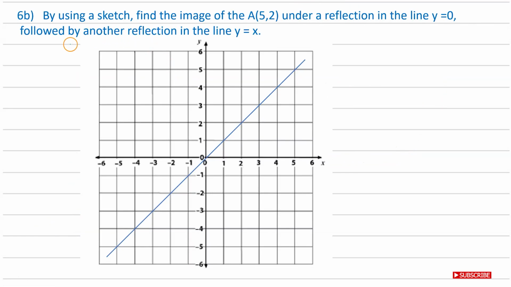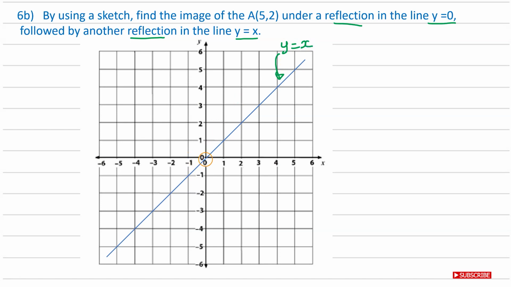So here we're told, 6b then, by using a sketch, find the image of the point A, which has coordinates (5, 2), under a reflection in the line y equals 0, followed by another reflection in the line y equals x. So I have drawn this line, which is the line y equals x.